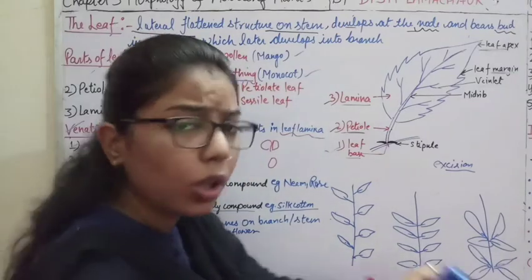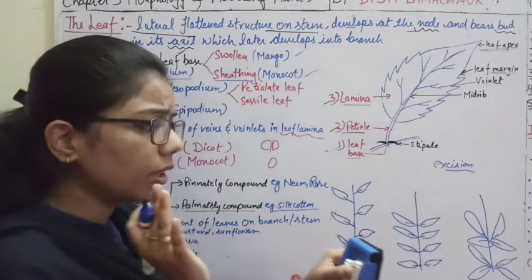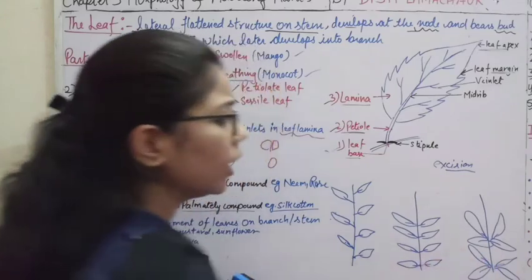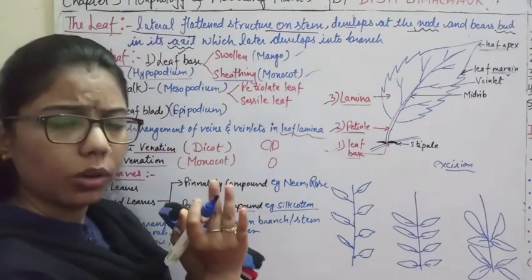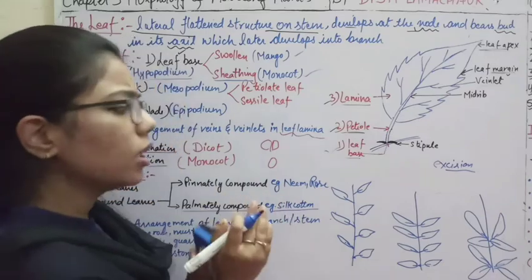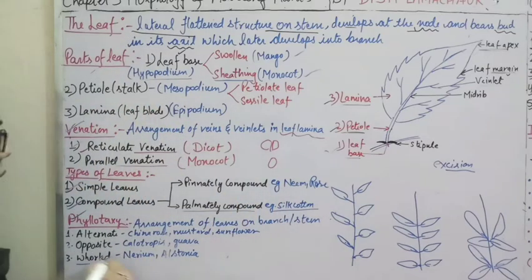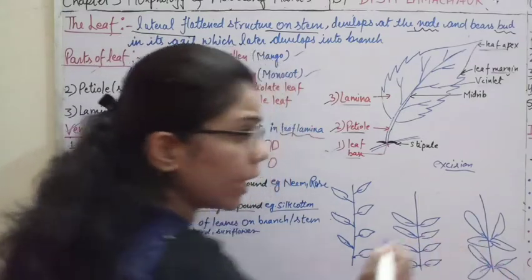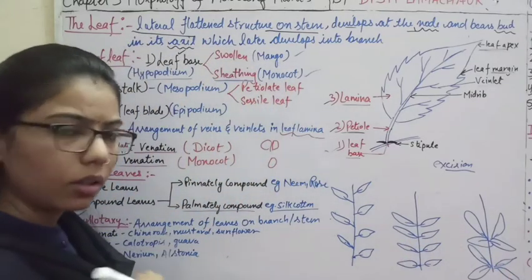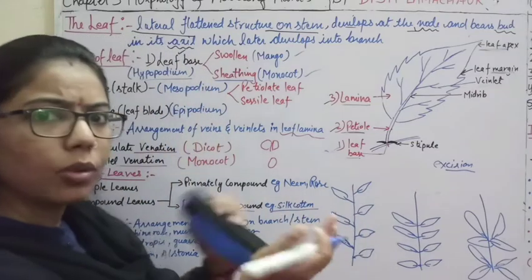Here I am not able to draw that 3D structure. If you see the 3D structure of this plant, you will observe that they are forming a whorl, a round structure. So this is known as whorled phyllotaxy. Leaves arise in a circle from each node.